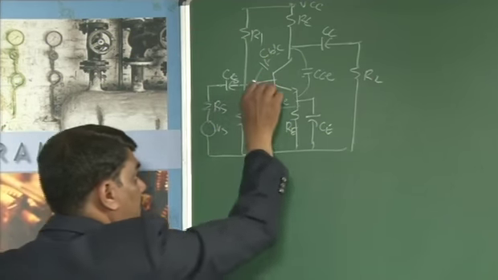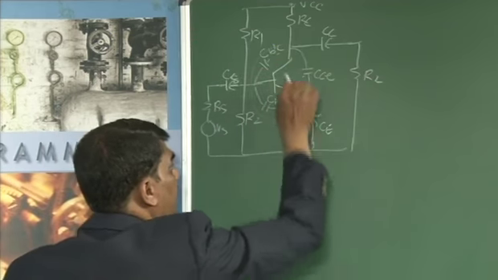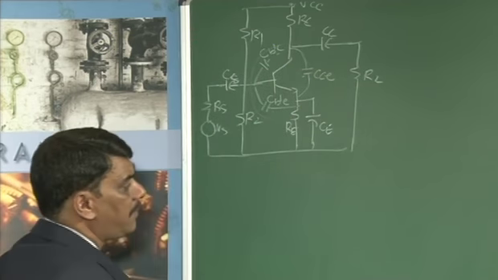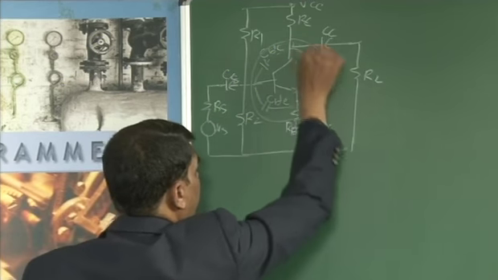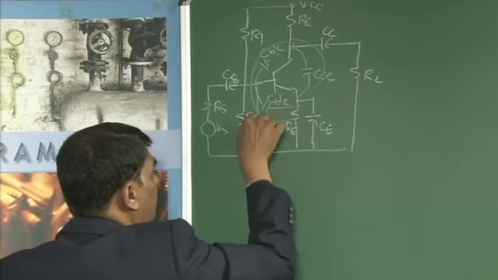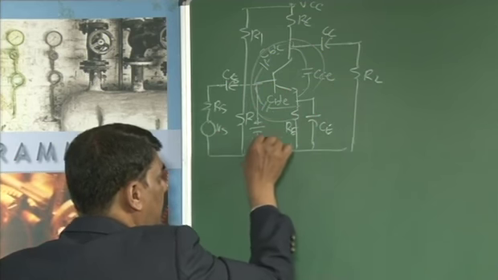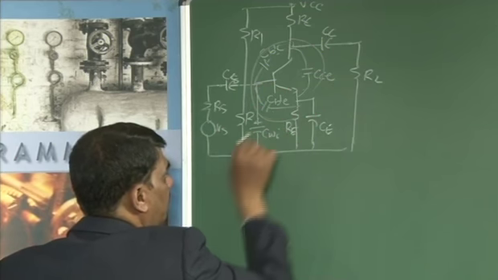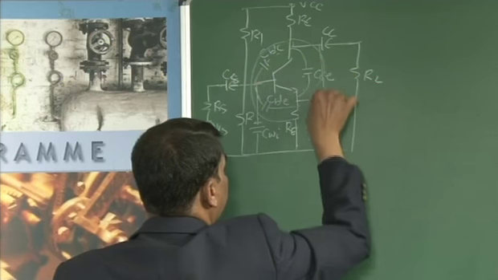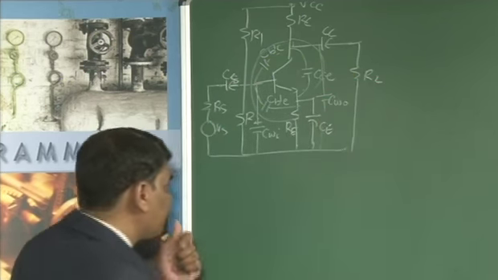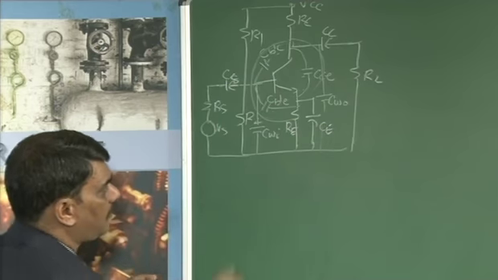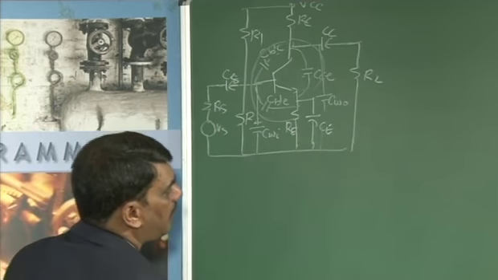Then this transistor is replaced with its equivalent hybrid pi model. Also, due to the wiring, there is a capacitance at the input side known as C_Wi, and also due to the lead connection, there is a capacitance between this point, C_Wo. These are the capacitors that affect the gain at high frequency.